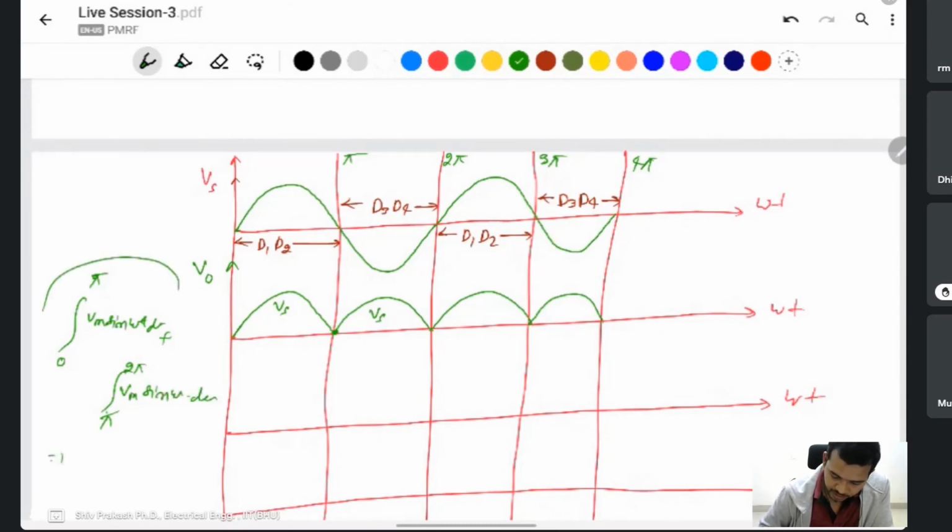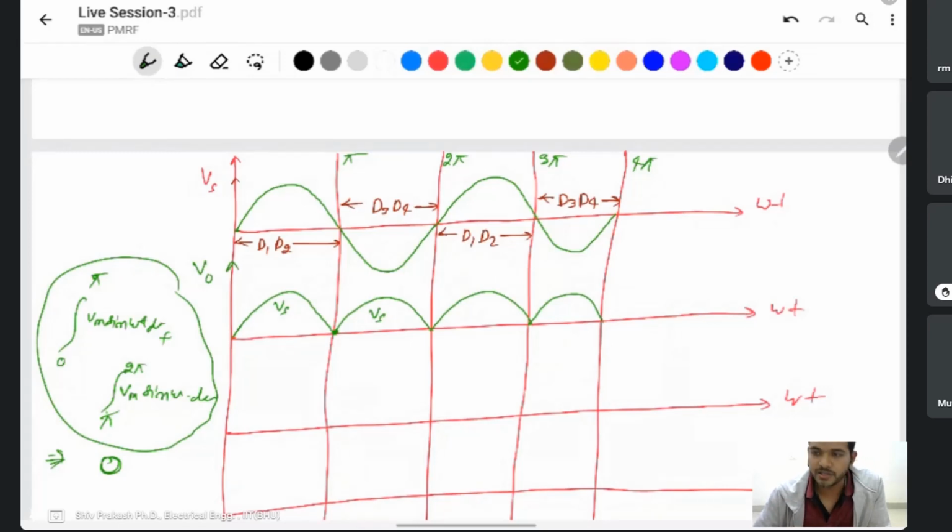You integrate this, then you find the average voltage Vm by pi. But if you integrate like that, then you find zero voltage. Please do it yourself if you want to try this one.